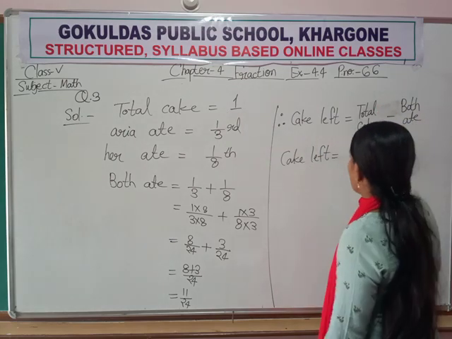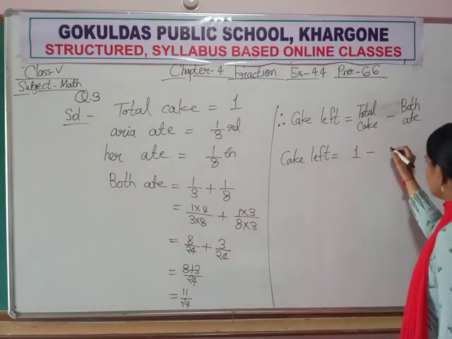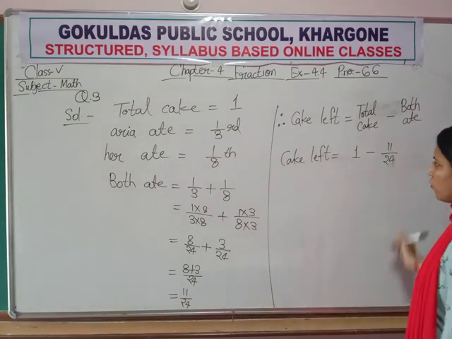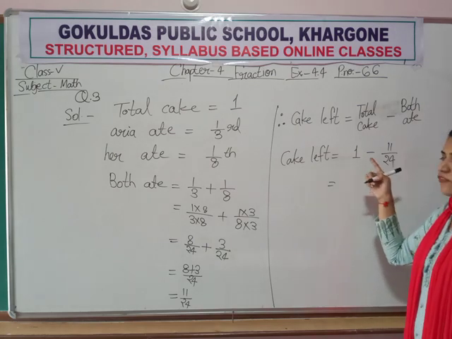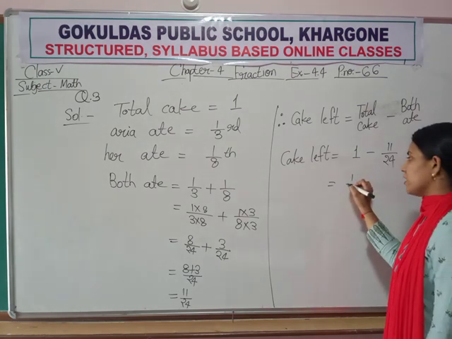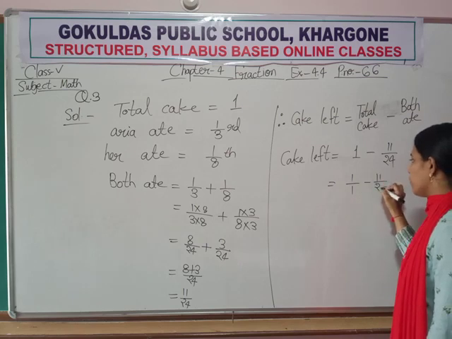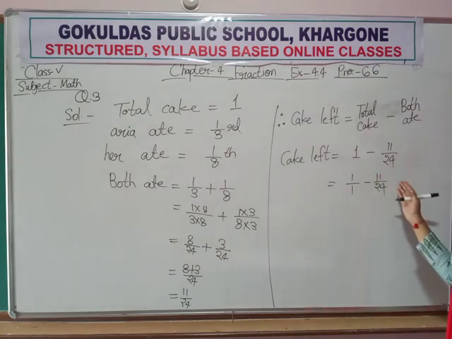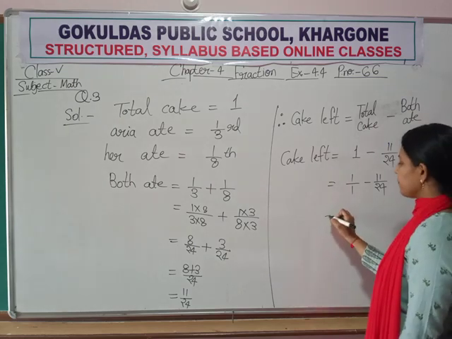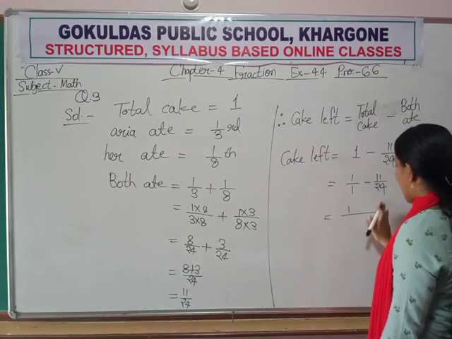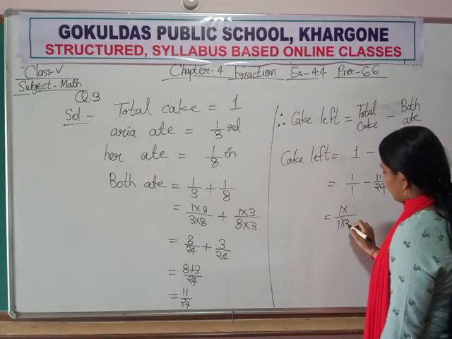Total cake is 1, minus how much both ate, 11 upon 24. Now I told you that if nothing is in the denominator of any number, the denominator is 1. So 1 upon 1 minus 11 upon 24. Now observe that both the fractions are unlike fractions. So make them like. How can we make them like? 1 into 24.